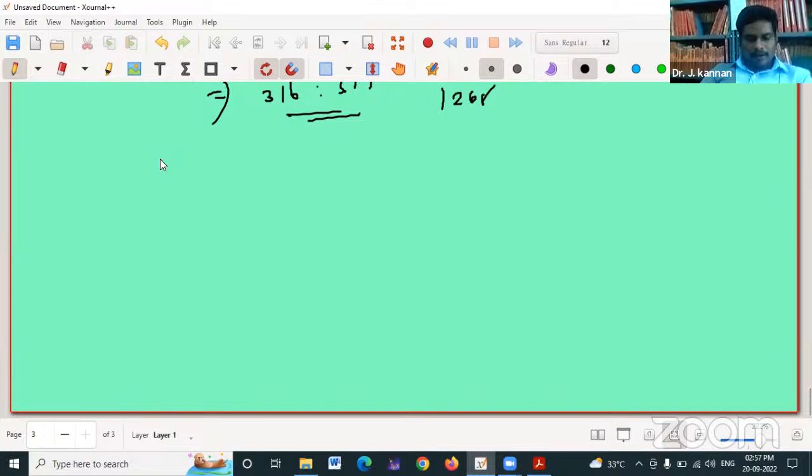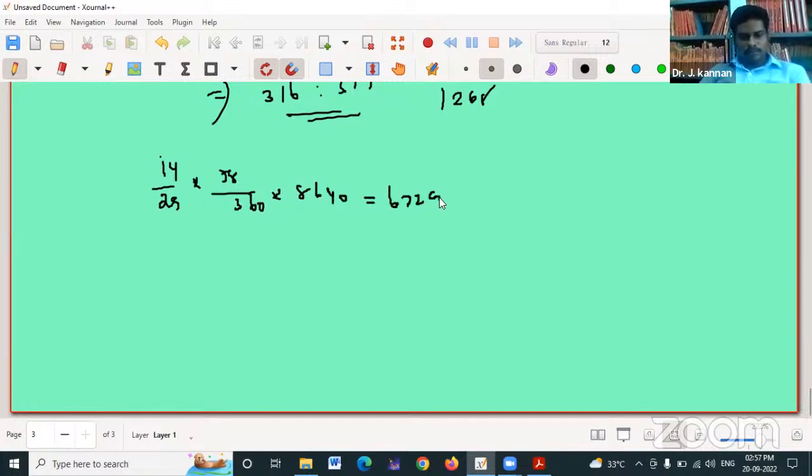Overall 29 parts, so we need only 14 parts and 58 degree overall 360 degree into overall sales 8640. So the answer is 672 crore.